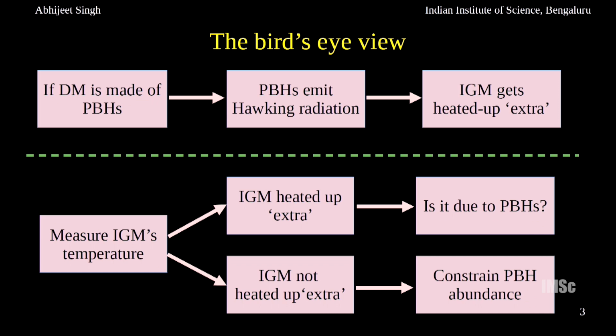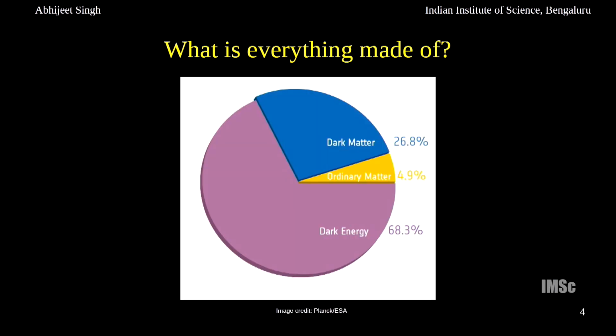Somehow you measure it, and there are two possibilities. If you find that the intergalactic medium is heated up a little extra over and above your expectations, then you can ask whether that extra heating has been caused by the primordial black holes. But if it has not been heated up extra, but evaporating primordial black holes would have heated it up, then you can just constrain the primordial black hole abundance. So this is a single slide summary of my talk. Now let's get into the details.